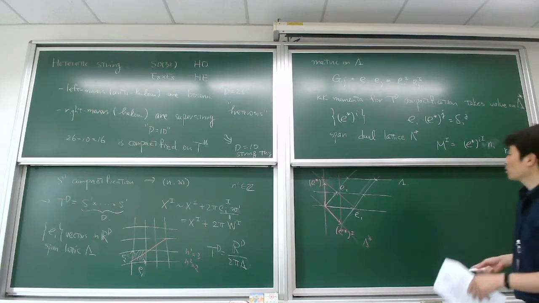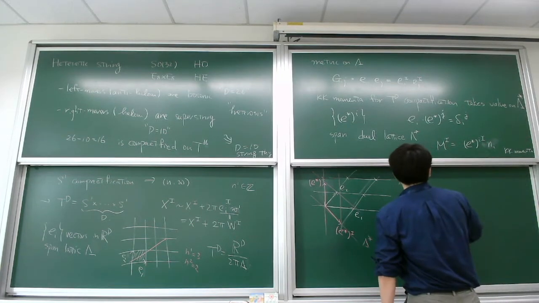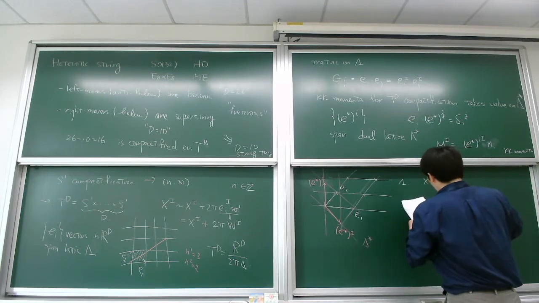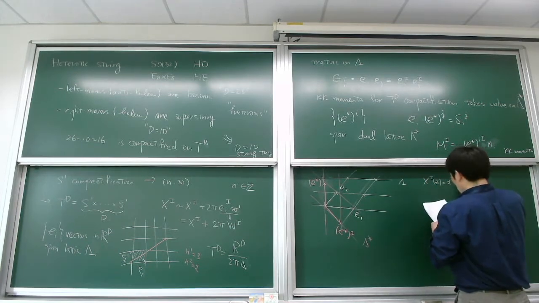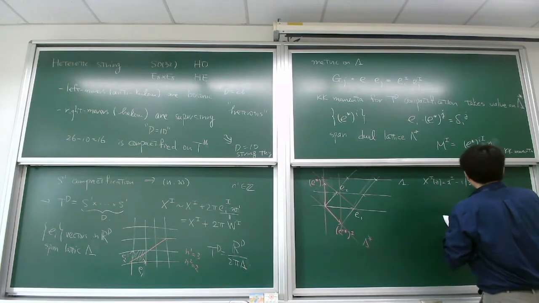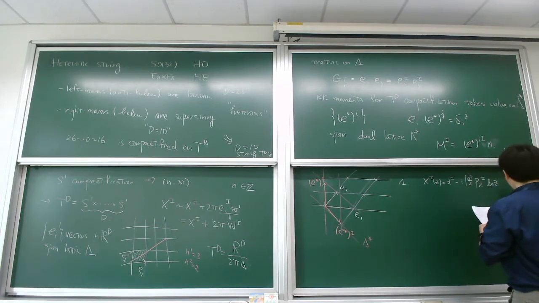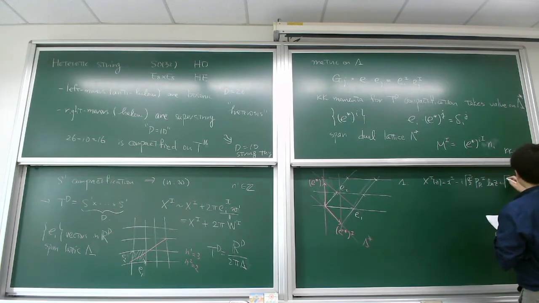Then we can do the mode expansion as usual for the internal coordinate. The center of mass, i alpha prime over 2 p_R^i log z, and the oscillators. And this is the zero mode and the oscillators.